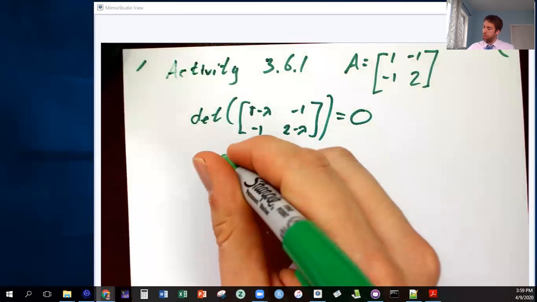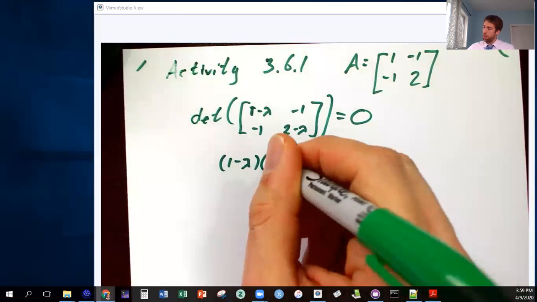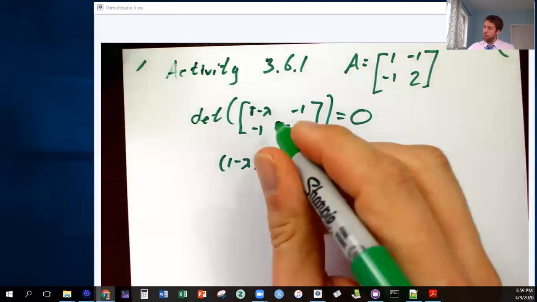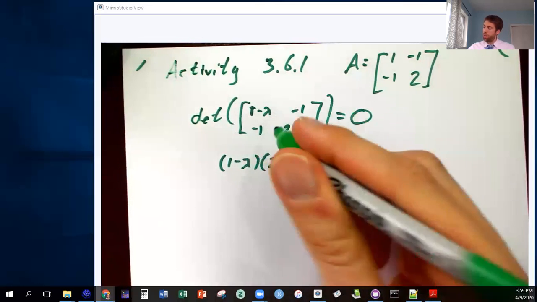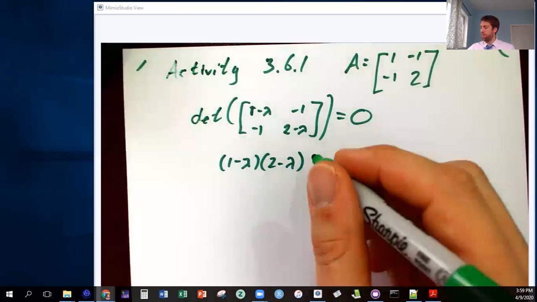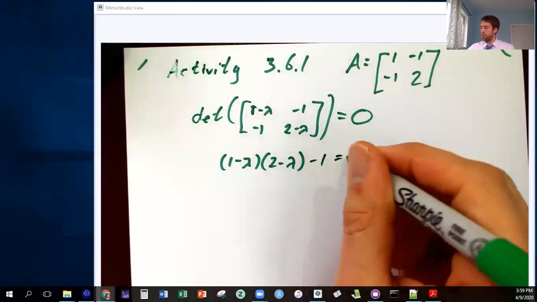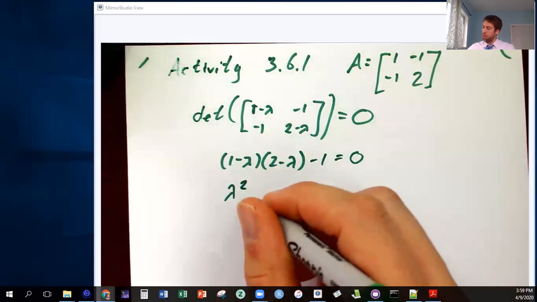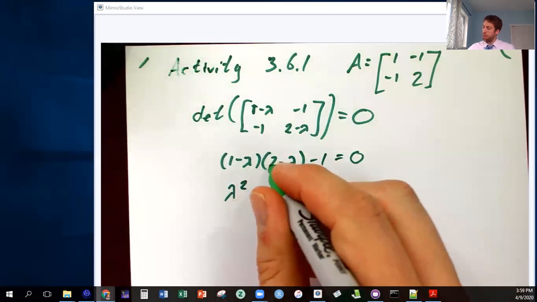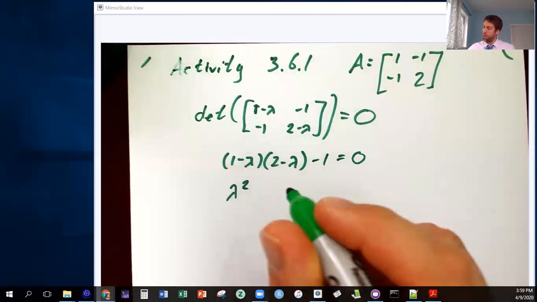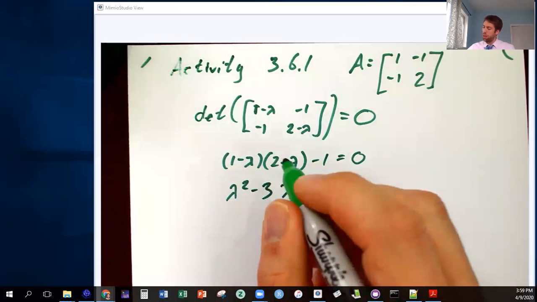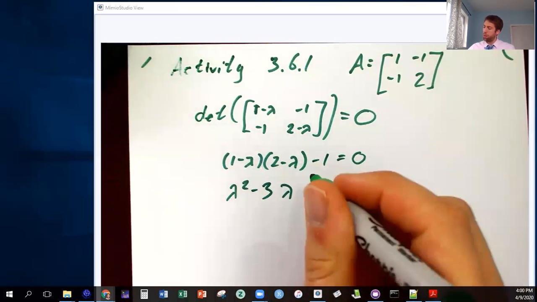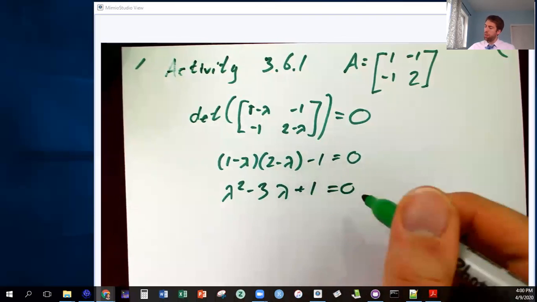So then that means you've got 1 minus lambda times 2 minus lambda, and then minus negatives times each other is +1. Minus that, so -1, equals 0. So then you get lambda squared minus, there's -2 lambda there, -1 lambda there, so -3 lambda, and then +2, but -1, so +1, equals 0.